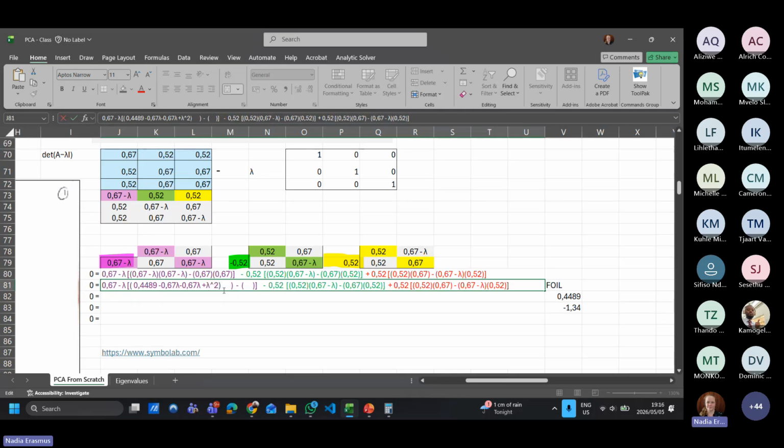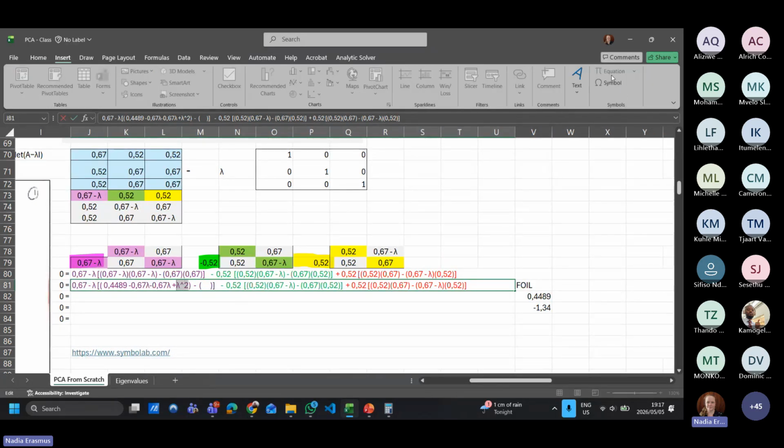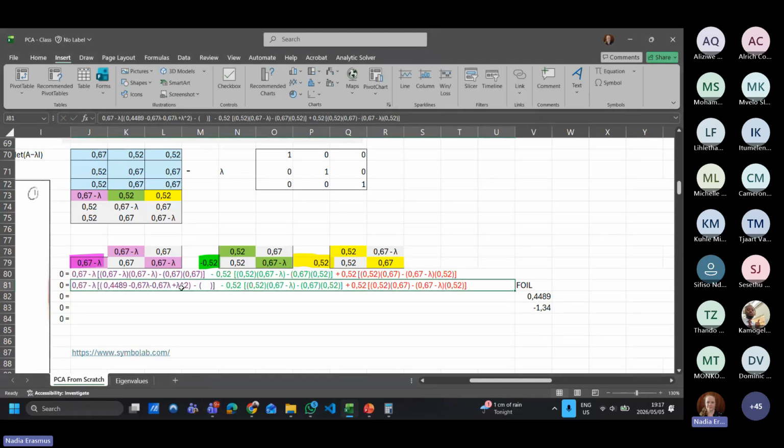I don't think I have lambda squared. Can I create it? Oh, I can't get it into a square. Okay, so that's how I'm going to write my square.